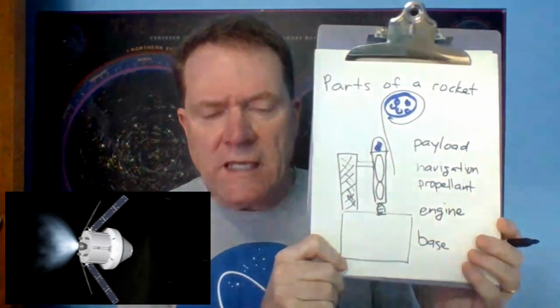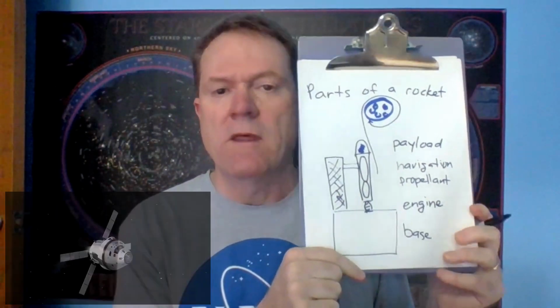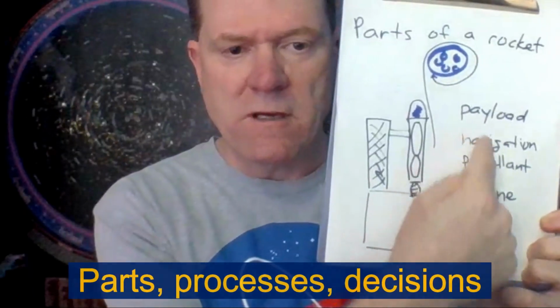We're going to call that navigation. Each of these has many parts. There are probably multiple departments, multiple teams, thousands, millions of decisions being made to make these all work together.